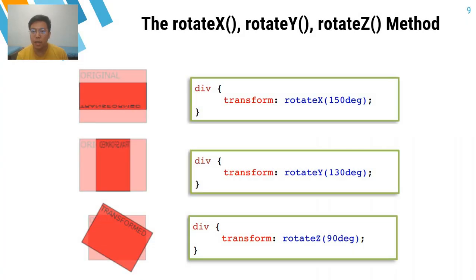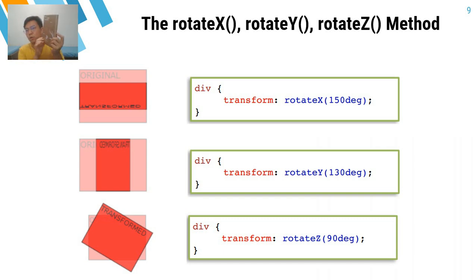So let's take a look at the given examples. We have here a div with transform rotate X 150 degrees. Let's assume this is your box. The rotation of 150 degrees will be just like this one. Now for transform rotate Y, the rotation will be just like this one.